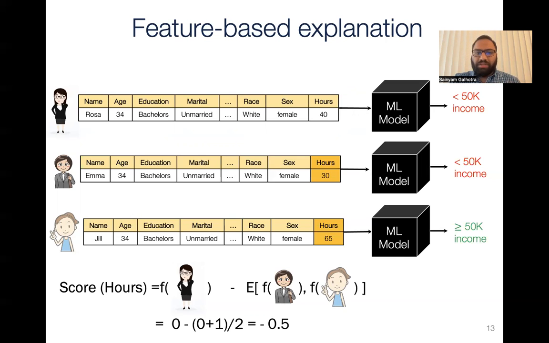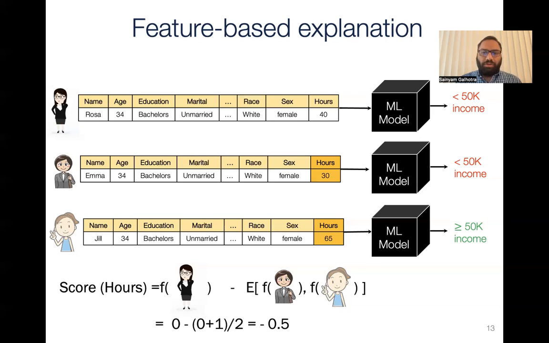Each of these individuals have different values of hours, but all other attributes are the same. And out of these two individuals, one of them received a favorable outcome and the other one did not. Therefore, the expected outcome for counterfactual scenario is half, and the score for hours for Rosa is minus 0.5. In this way, this approach calculates the counterfactual score for every feature in the input.